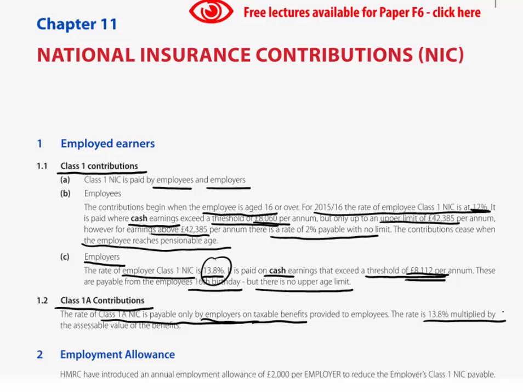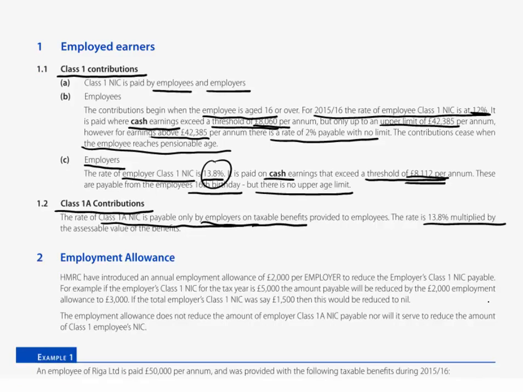Now, in relation to the Class 1 secondary contributions made by the employer on the cash earnings, the government wants to encourage employers to employ as many people as possible, clearly a good thing for the government, for the economy, and in terms of HMRC for tax take. They've introduced an employment allowance, and that employment allowance is £2,000 per employer.